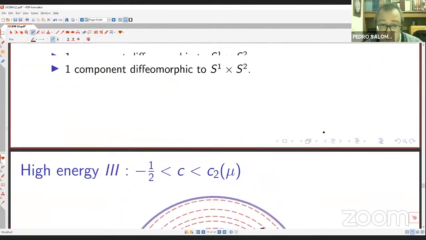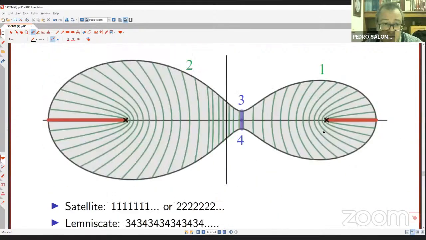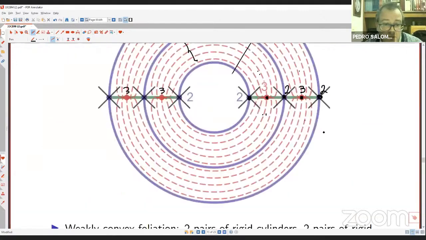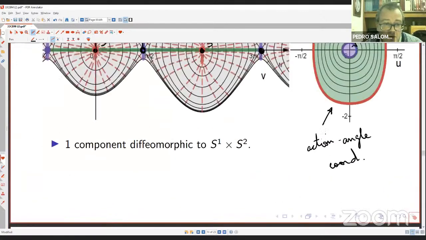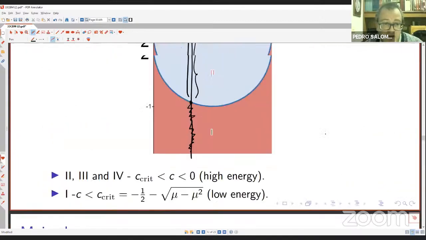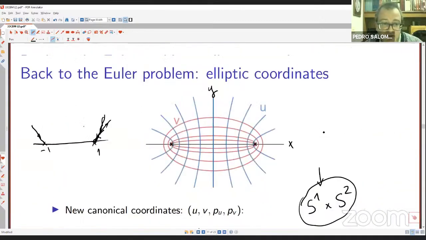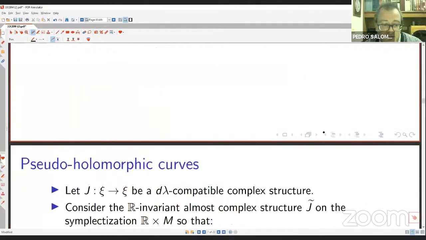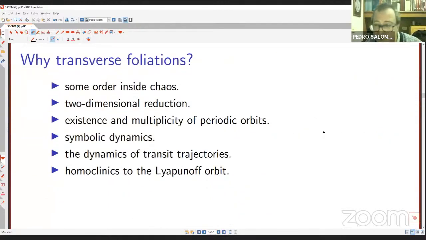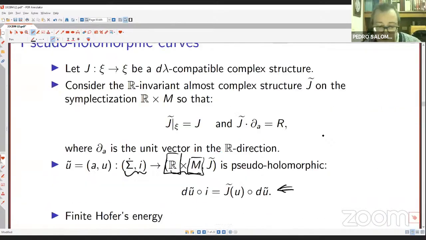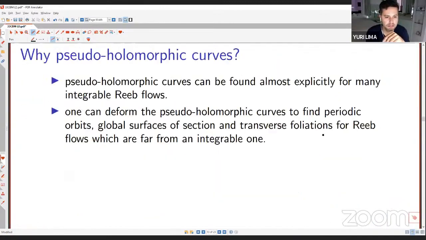Yeah, exactly. Maybe why use transverse foliations, or why use holomorphic curves? Holomorphic curves, yes.